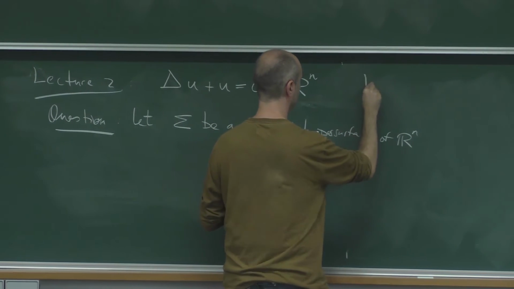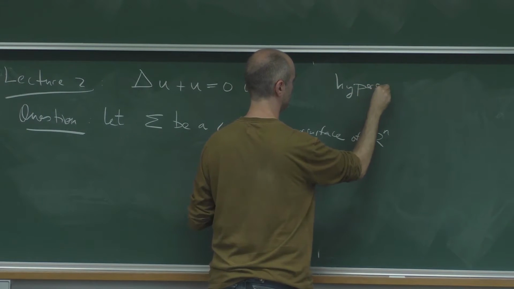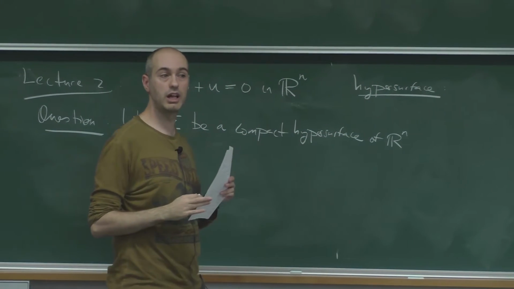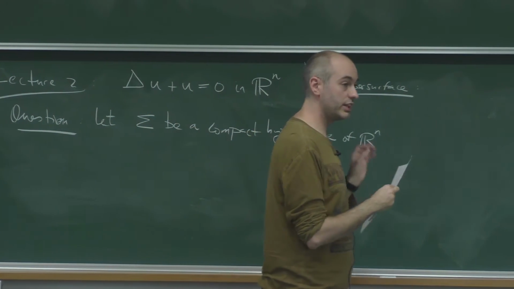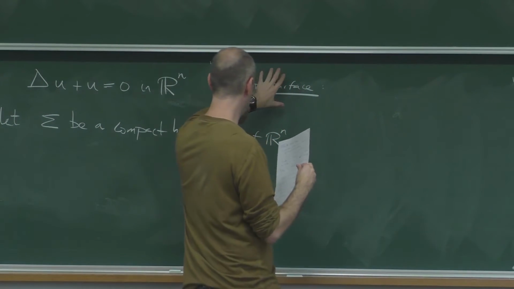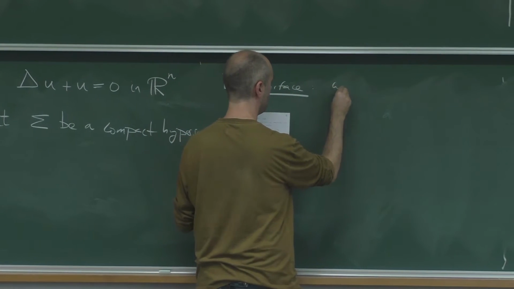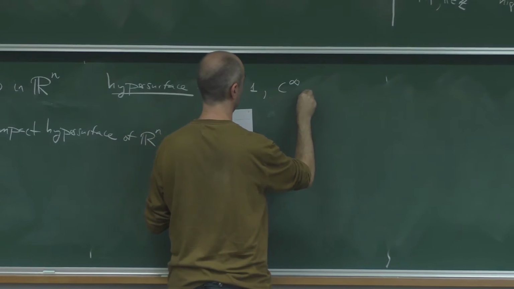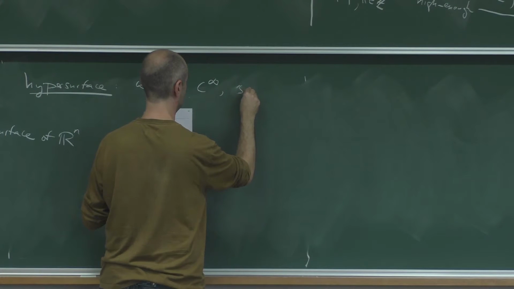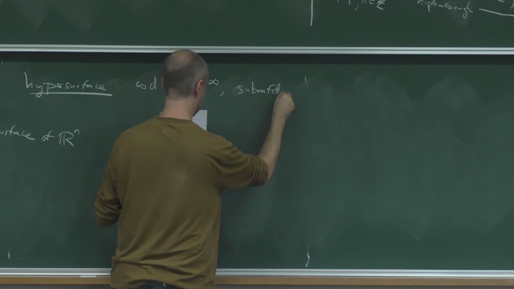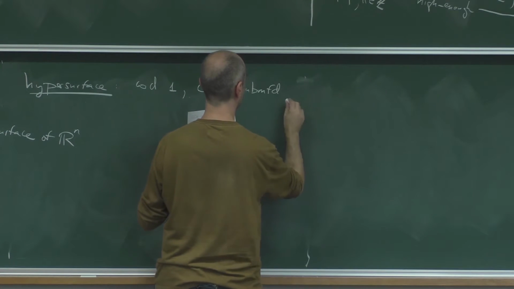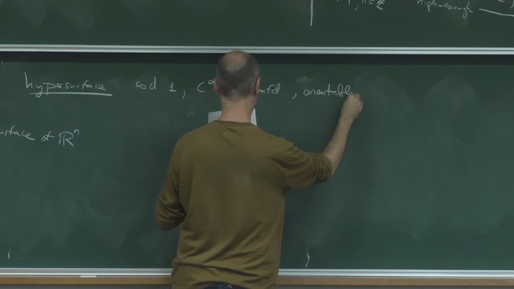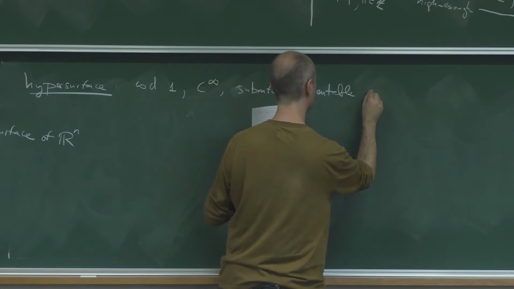And by hypersurface, this is the definition that I consider in these lectures. Always when I talk about hypersurface, it means the following: a codimension 1, C infinity, orientable submanifold without boundary.